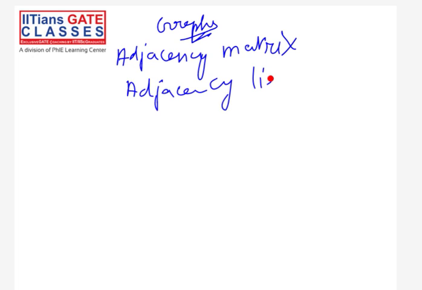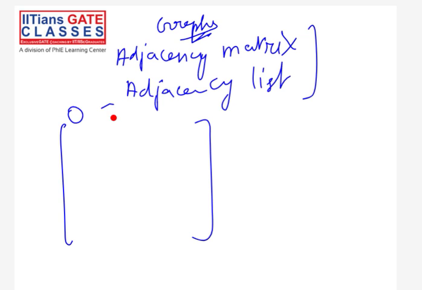So see how these two go. In an adjacency matrix, you'll put the vertices over here and over here. So rows and columns are nothing but vertices, and each value inside this matrix is nothing but the weight of the edge connecting those two vertices.